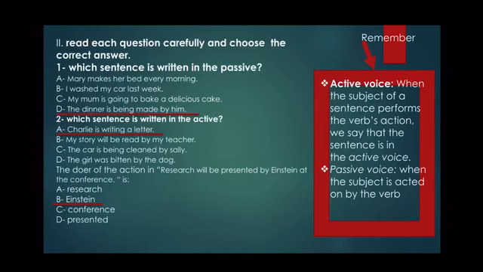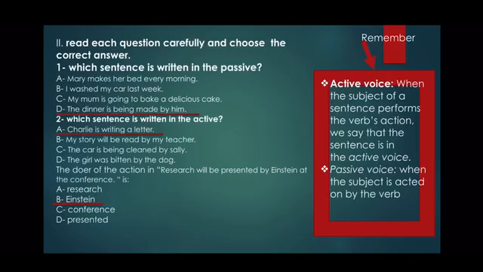Now here you have to read each question carefully and choose the correct answer. Now it is about passive and active. You should remember that active is when the subject of a sentence performs the verb's action, we say that the sentence is in the active voice. So you have the subject, and the subject is actually the doer of the action, which performs the verb's action.